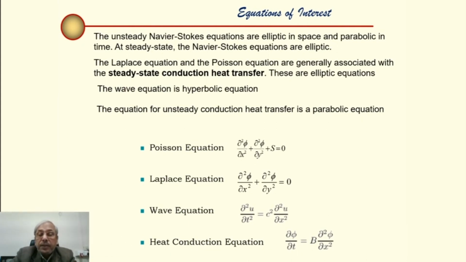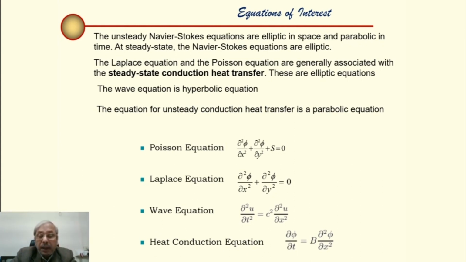Without the source, ∂²φ/∂x² + ∂²φ/∂y² = 0. If φ is temperature, then this is the steady state heat conduction equation. The wave equation I have already mentioned, that this is a hyperbolic equation.